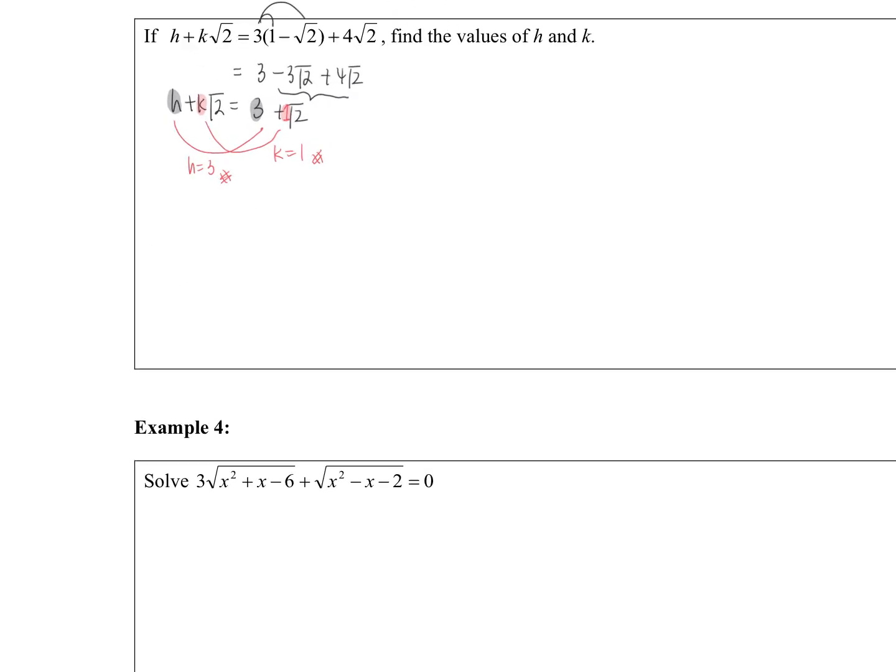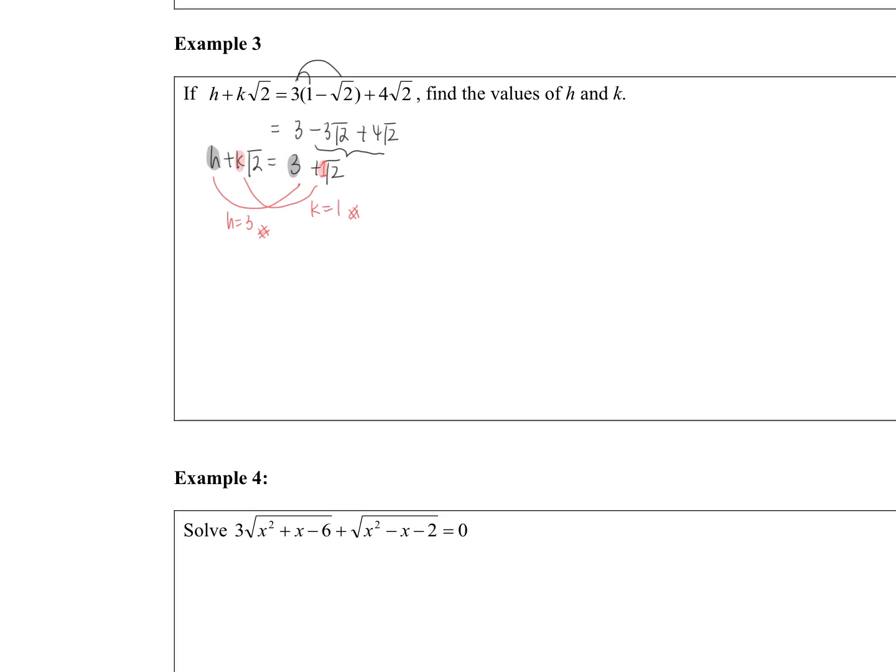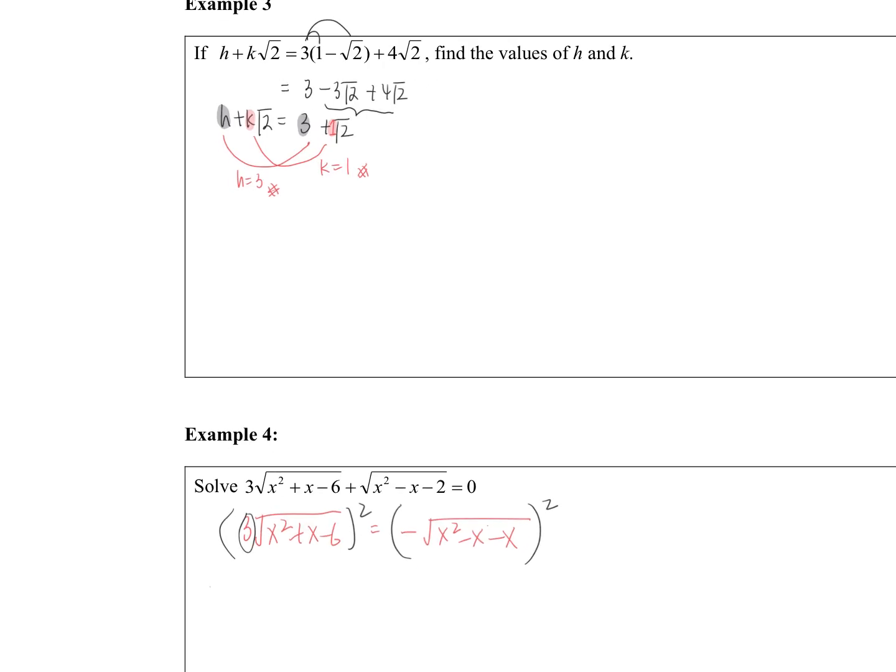Okay, last one. This one, same thing. You have 2 square roots. Bring 1 to the other side first. And then now you square both sides. Okay, so when you square both sides, the 3 you got to square it.